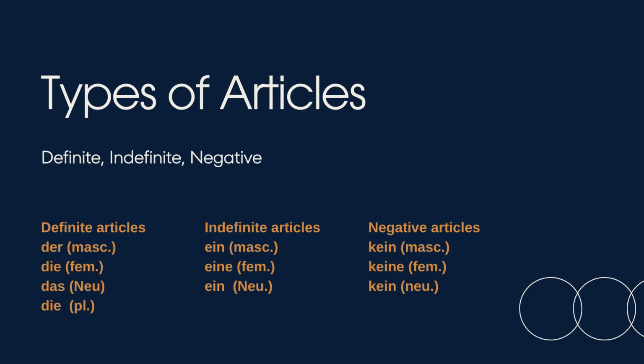For example, we say der Mann, der Tisch, and for feminine we have die Frau, die Tasche, and for neutral we have das Kind, das Auto, etc. On plural, we have nouns like die Frauen, die Tomaten.